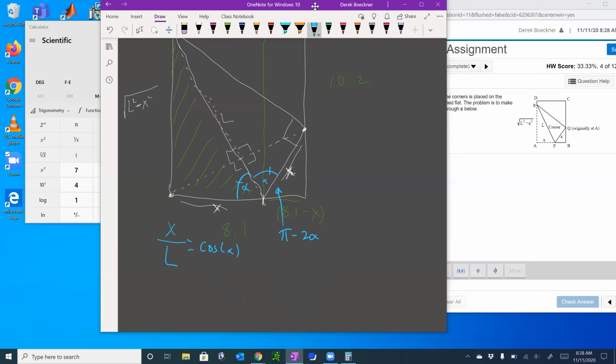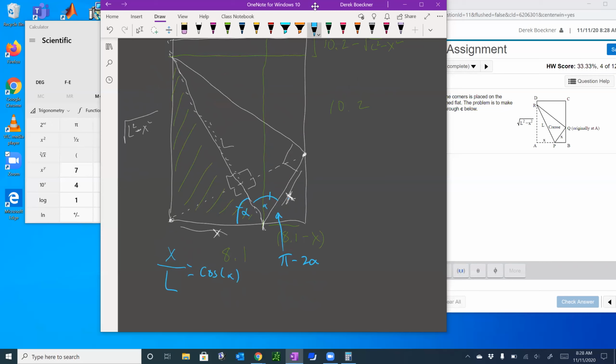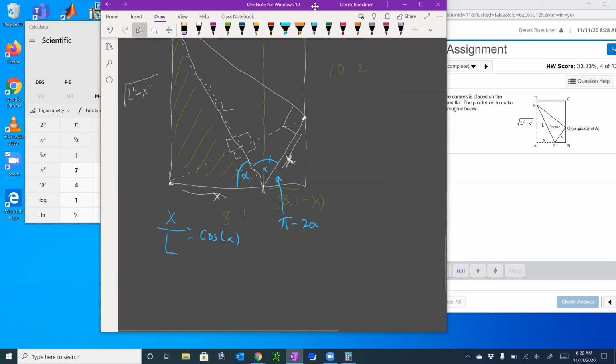Okay. And let's see. X over 8.1 minus x is equal to, sorry, nope, the other way around.